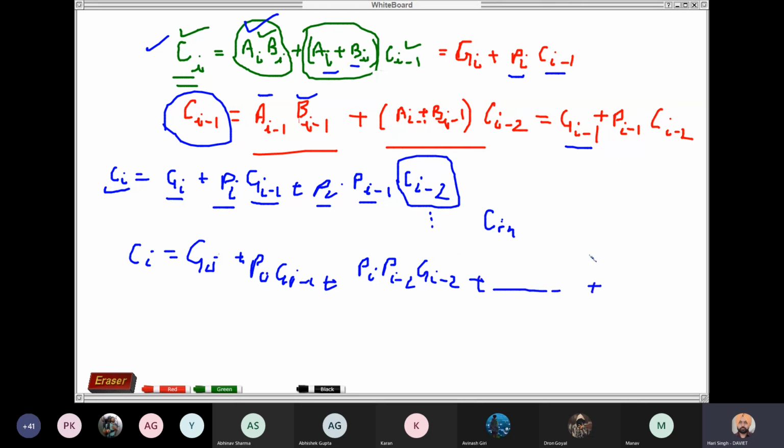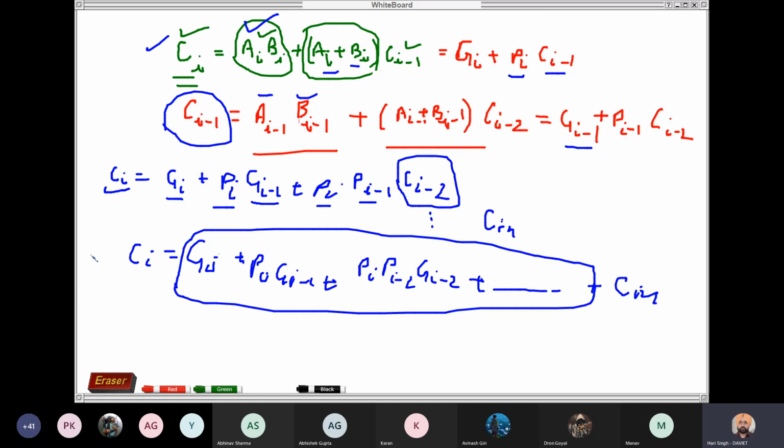So finally you will have a term Cn. In between there will be no carry term. So you can see the carry at any stage depends upon the Gi and Pi factors. The Gi's and Pi's further depend upon the bits A and B at any stage.